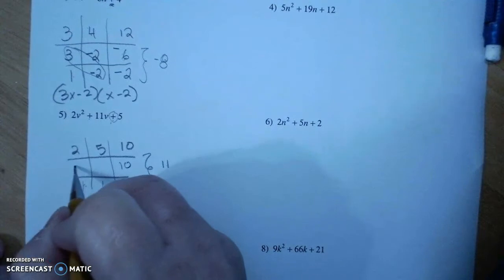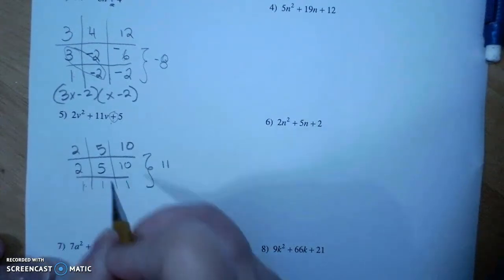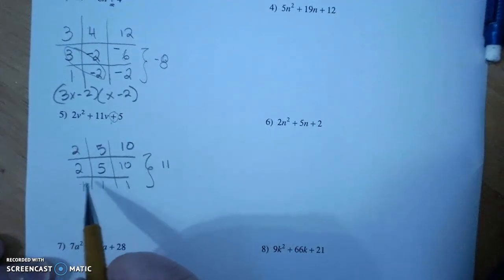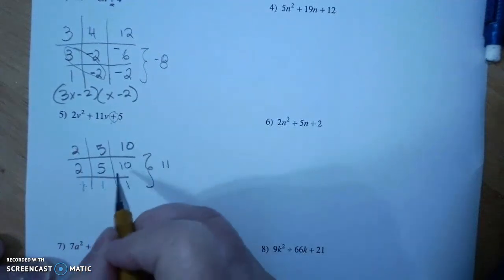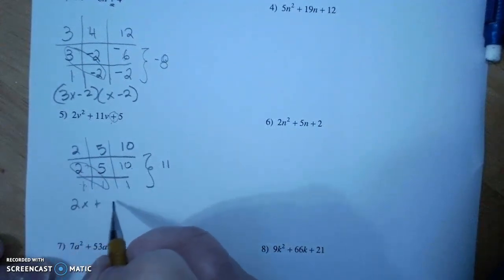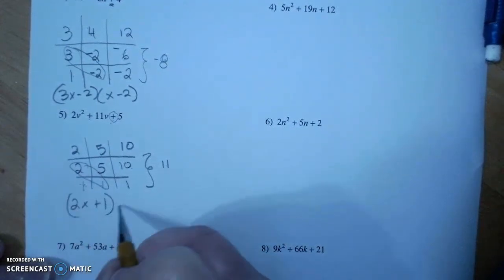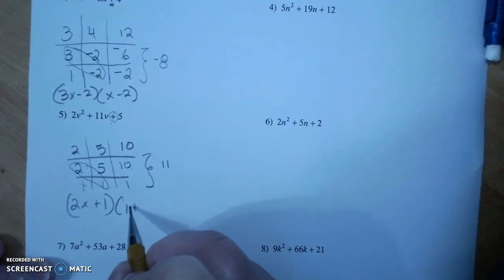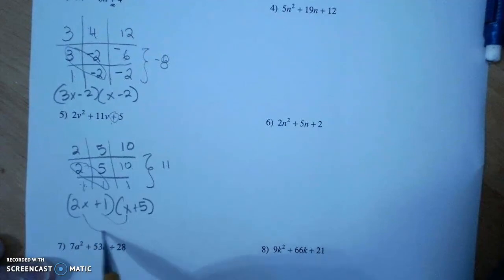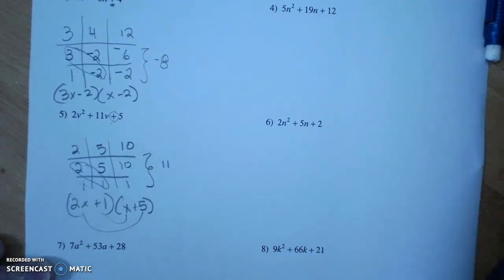So 1 goes here, a 2 goes here, and a 5 goes here. 1 times 2 is 2, 1 times 5 is 5, 1 times 1 is 1, 2 times 5 is 10. 2x plus 1 times x plus 5. This is 1x, this is 10x, which gives me my 11x.